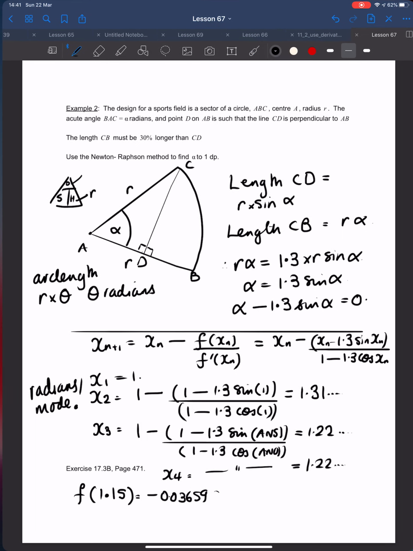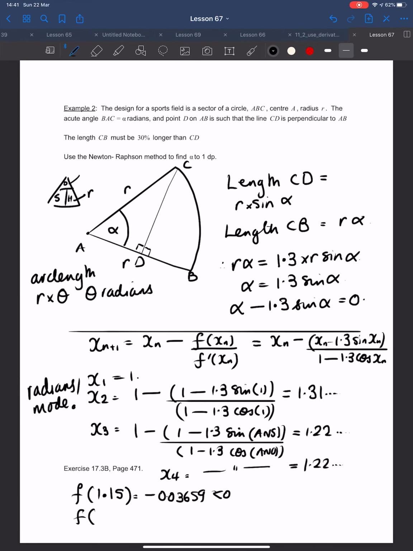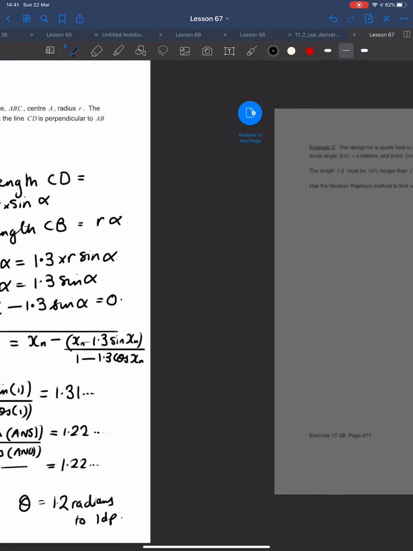That one's negative. And if you do f of 1.25, that one was positive. So that means that theta is 1.2 radians to 1 dp. Okay, that's the end of that one.